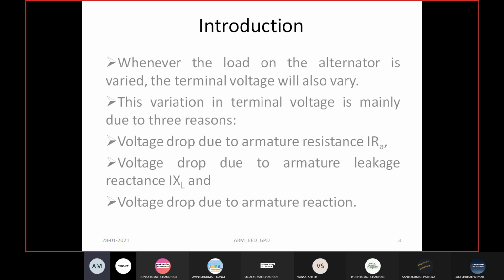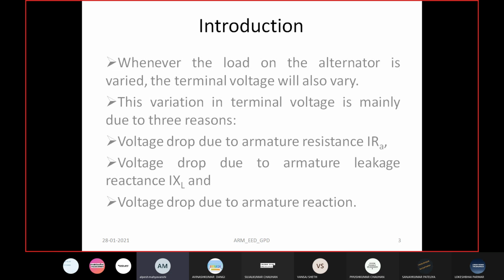Which are these? The first is the voltage drop due to the armature resistance. When current is flowing through the armature winding, some voltage drops due to the resistance. Second reason is voltage drop due to the armature leakage reactance.